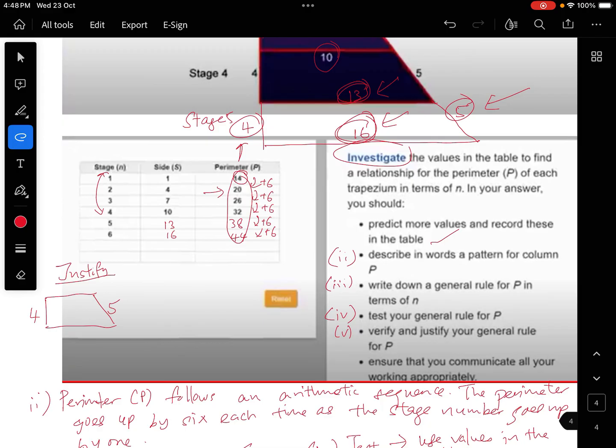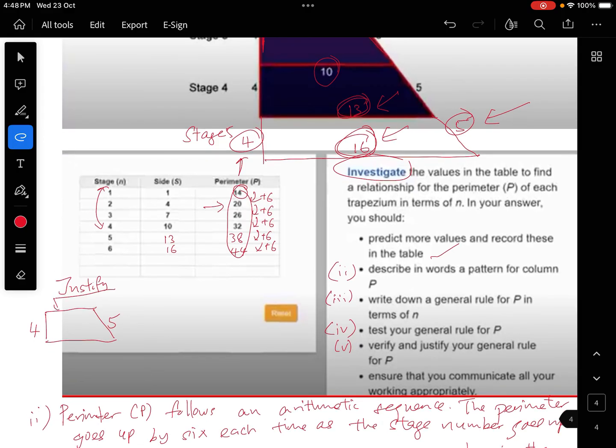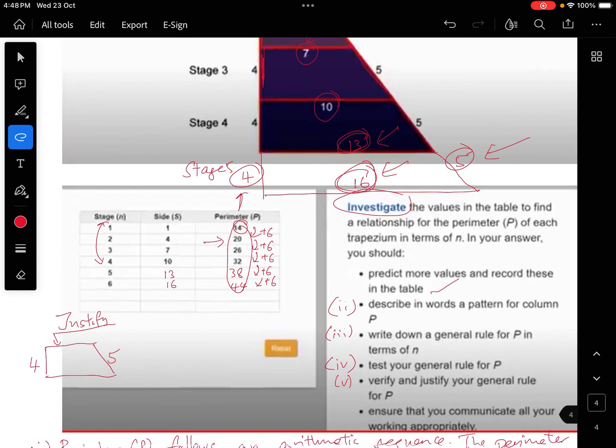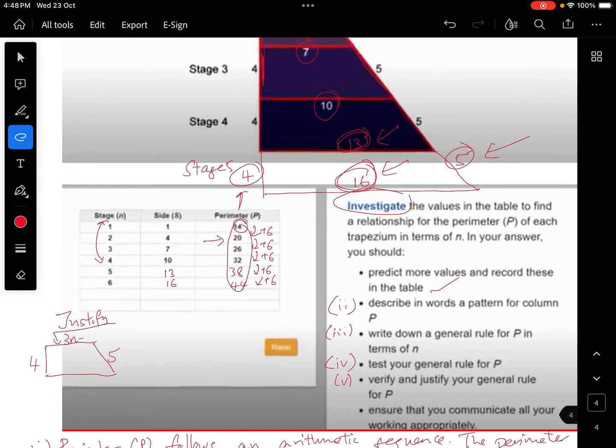Now we do know that the top part, which is actually the S, the side, we basically know from the previous part that the formula was 3n minus 2. So I can actually write that this is 3n minus 2 here. You could say that 3n minus 2 was obtained from the previous part of this investigation. Now, you would have realized that the bottom part of this side is always going to be 3 more than the top side.